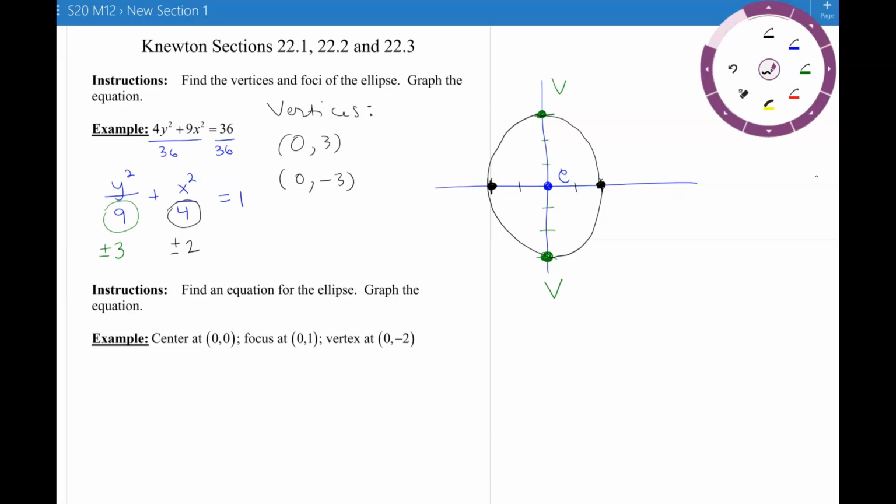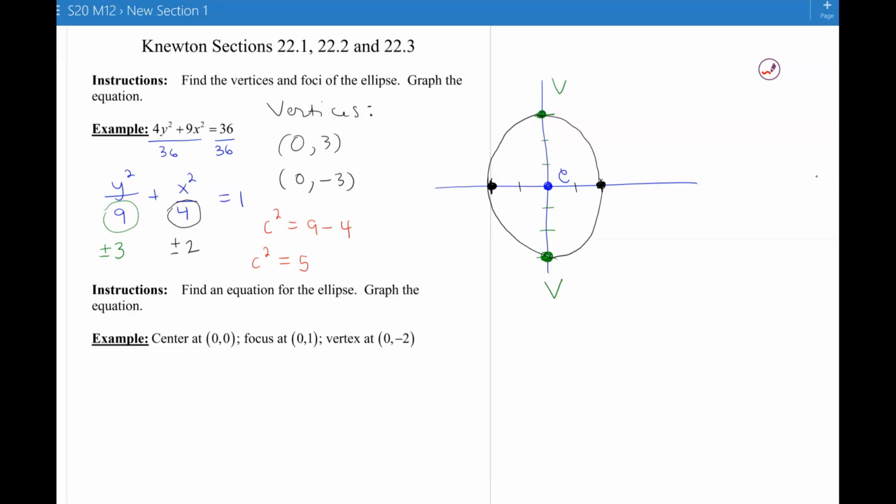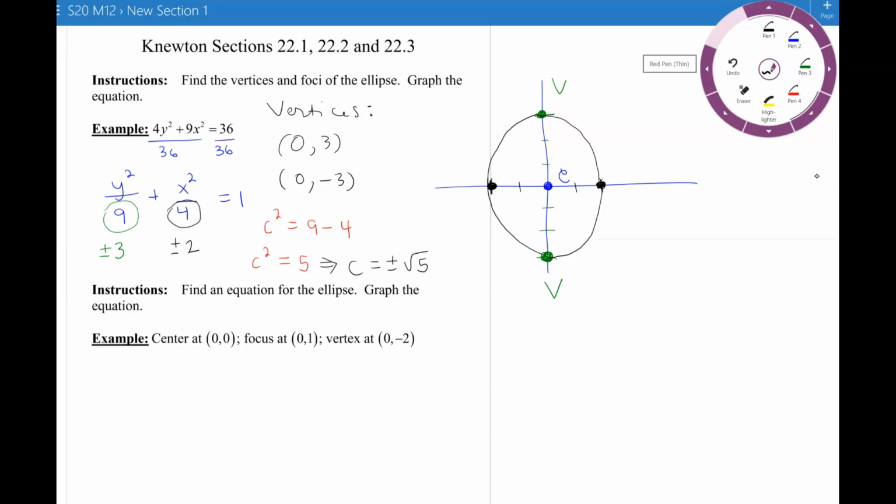Now to find the foci, we're going to need that little c squared, and that's going to be the difference of the denominators. So little c squared is going to be 5. So that means c is plus or minus root 5. So that's how far I need to go away from the center.